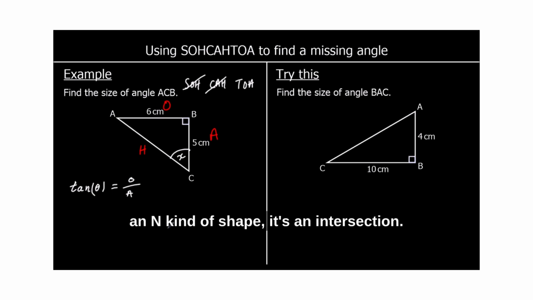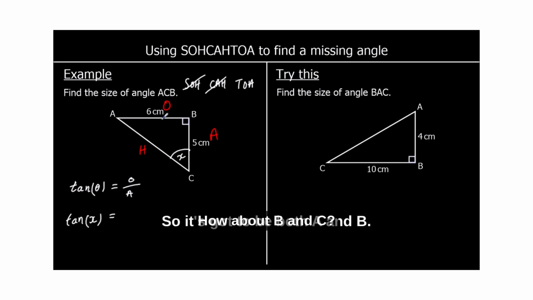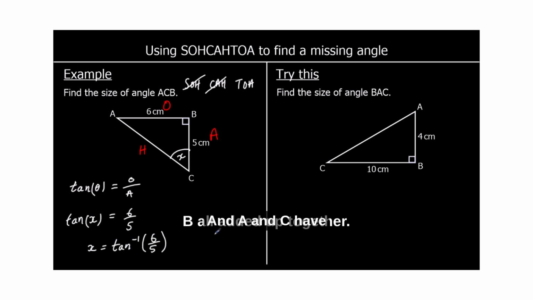Substituting in what we've got gives us tan x equals 6 over 5. To get x by itself, we shift tan. So x is shift tan, arc tan, 6/5.